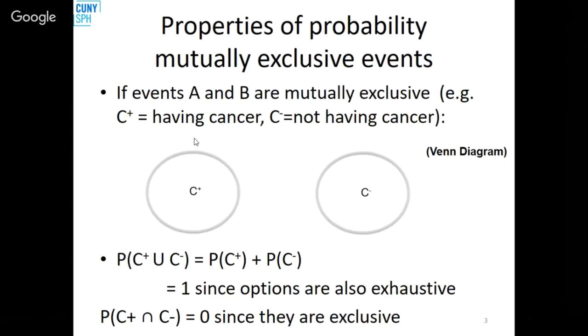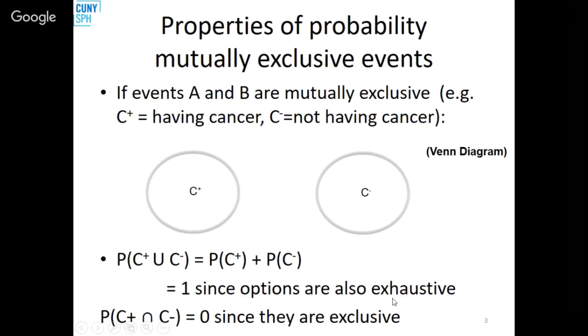Recall mutually exclusive events. These are things that cannot both be true. Only at most one or the other can be true, such as having cancer or not having cancer. And recall how we represented these as a non-overlapping Venn diagram. And the probability of the union of these two events, so for example, of having cancer or not having cancer, is just equal to the simple sum of those two probabilities.